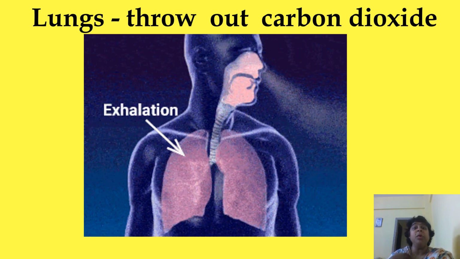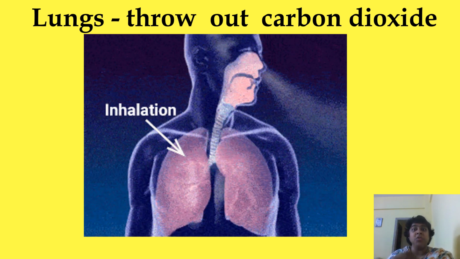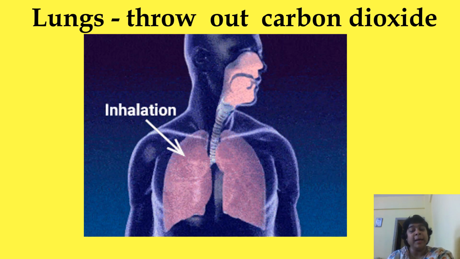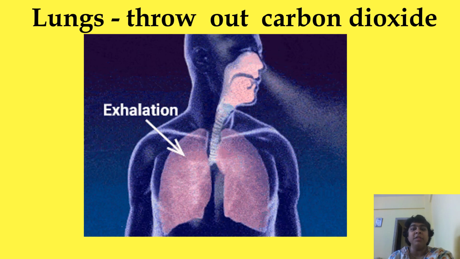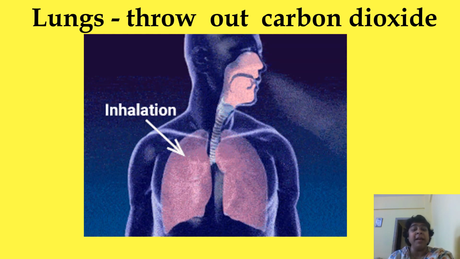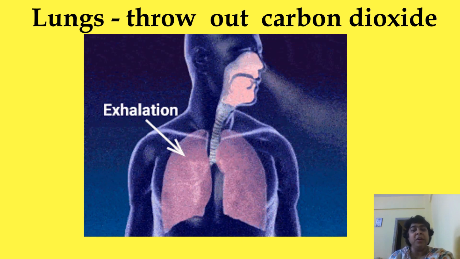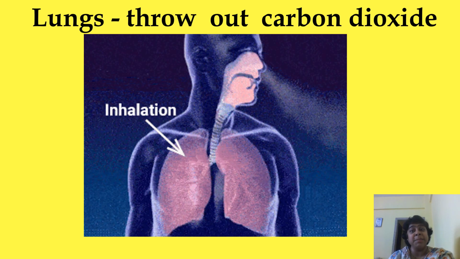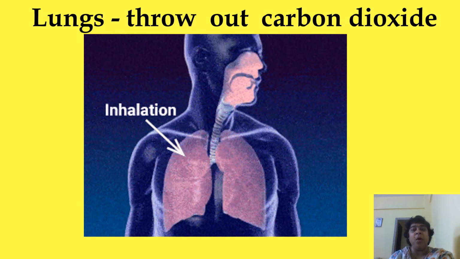No, we need to exhale it out. It needs to come out. So the lungs help to throw out the carbon dioxide. Can you see over here the contracting and the expansion of the lungs? Yes, it contracts when it is exhaling and it expands when we inhale oxygen.